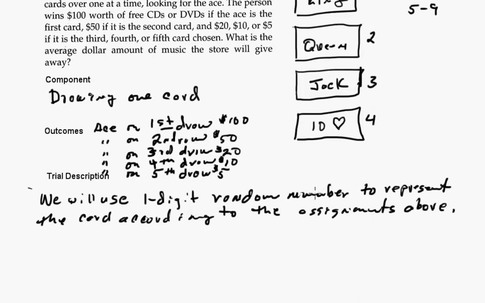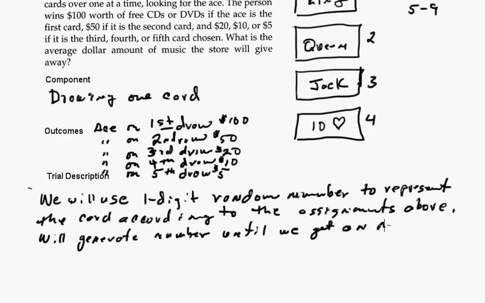Okay, we will pick numbers. We'll draw or generate numbers until we get an ace card.